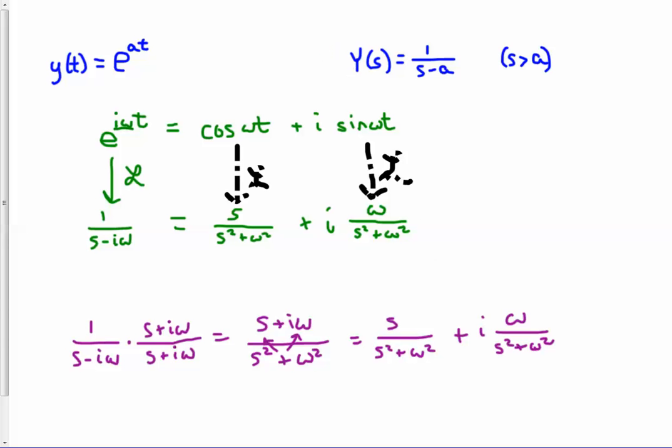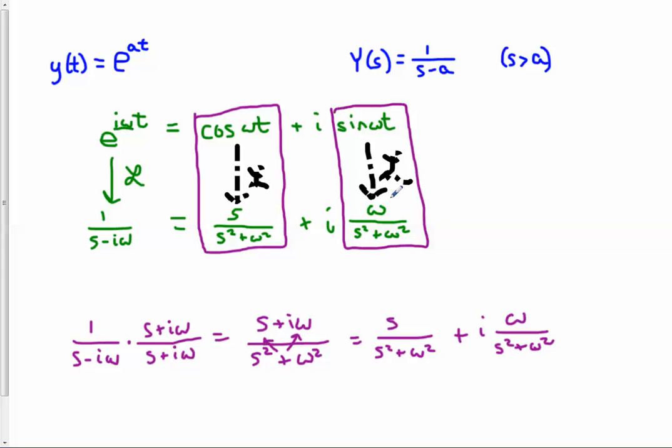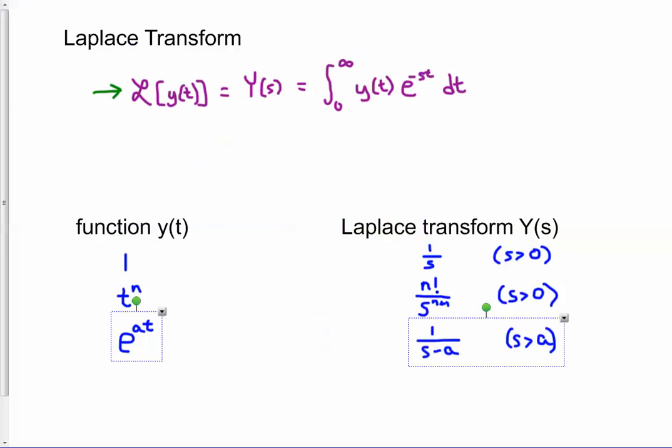And so it turns out, and this is correct, that the Laplace transform of cosine of omega t is s over s squared plus omega squared. And the Laplace transform of sine omega t is omega over s squared plus omega squared. And so now these are two more rules that we can add to our list here.